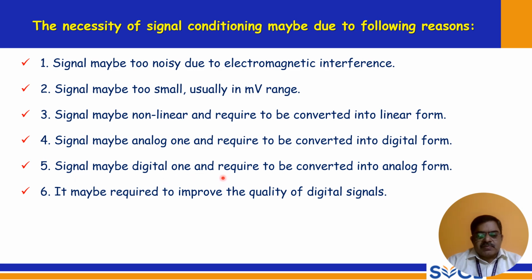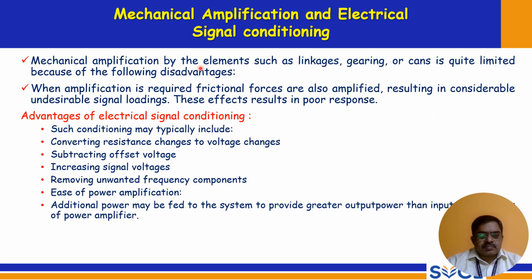Signal may be digital and required to be converted into analog form. It may be required to improve the quality of digital signals. So these are a few reasons why you require signal conditioning units.